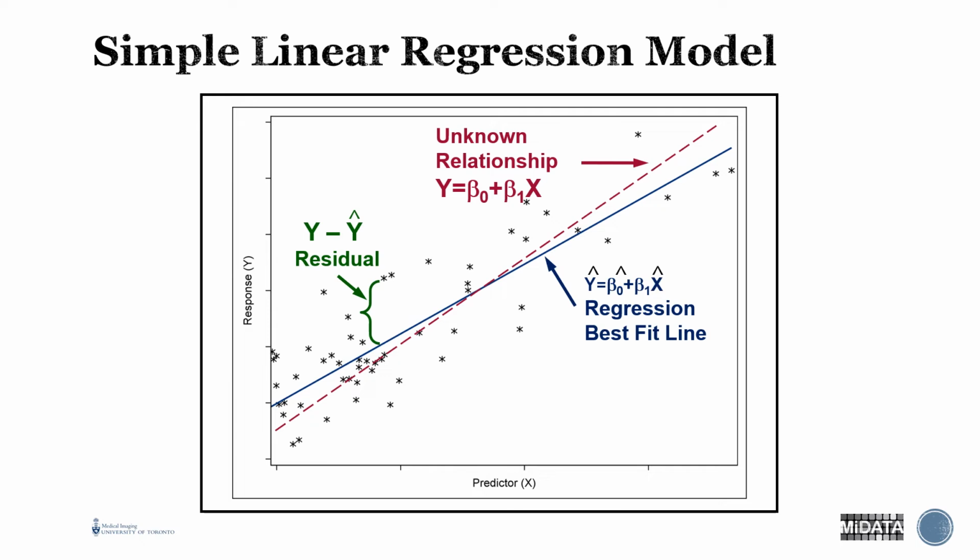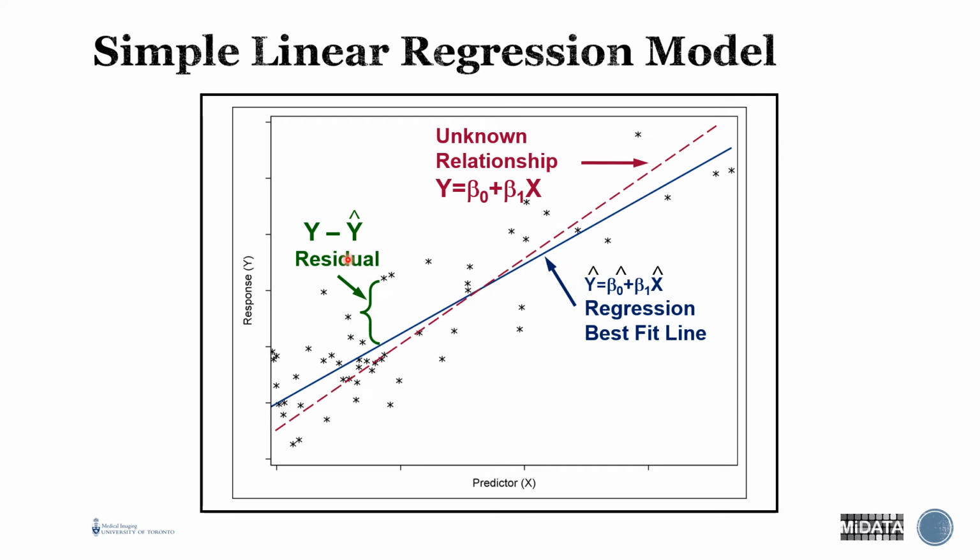So taking this a little further, you're going to have your hypothesized unknown relationship here in the dashed line. You don't know this. And then you're going to estimate, based on your sample, your regression line here. That's why you have the little hats. Remember, these are estimates, and this is your predicted value.